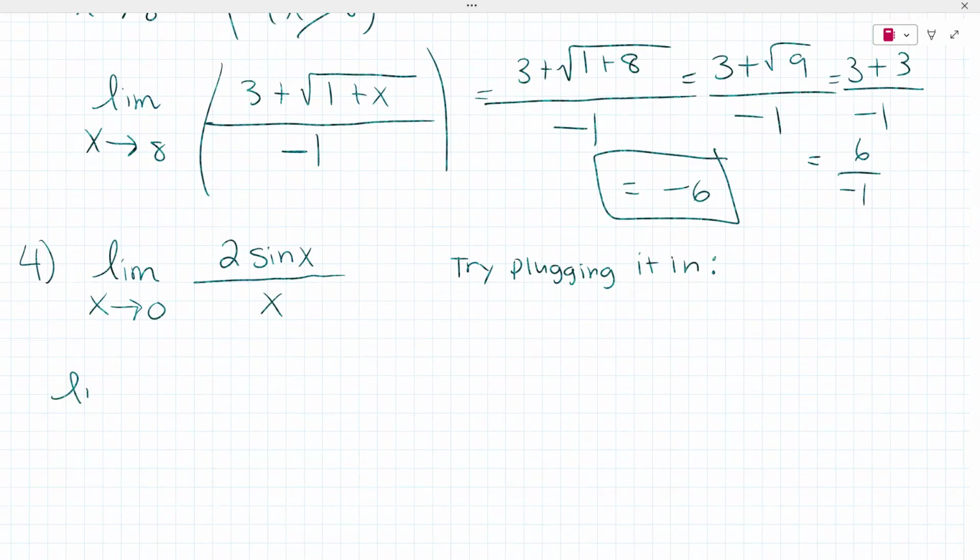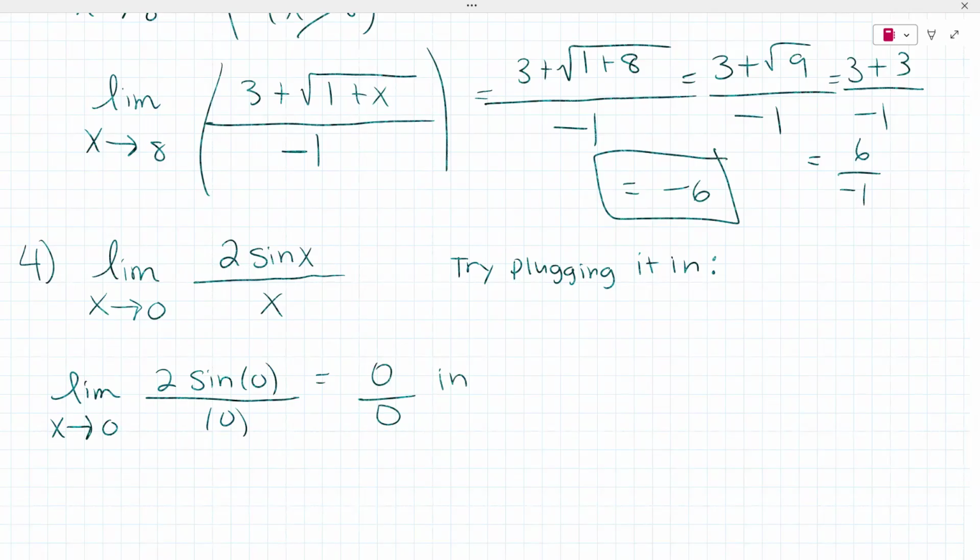It's 2 sine of 0 over 0. Got a problem, right? Zero on the bottom. Sine of 0 is 0, times 2, that's 0 over 0, which is indeterminate form.